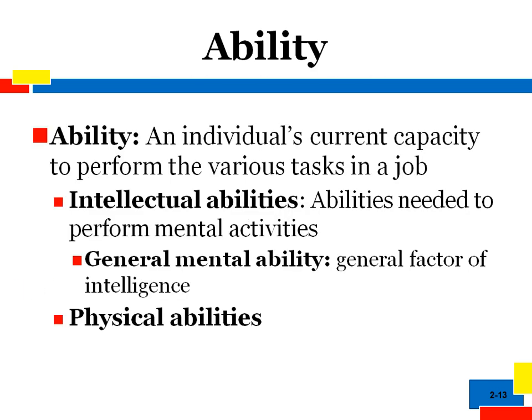Okay, so ability. Ability refers to an individual's current capacity to perform the various tasks in the job. Abilities are made up of intellectual abilities, the abilities needed to perform mental activities, and physical abilities.